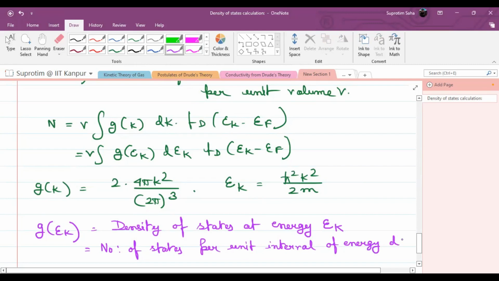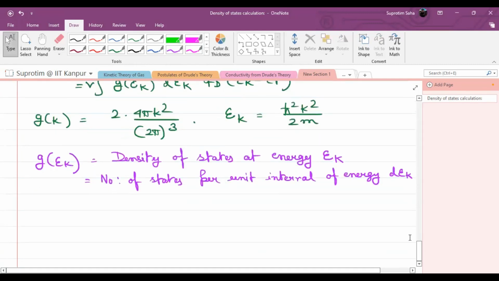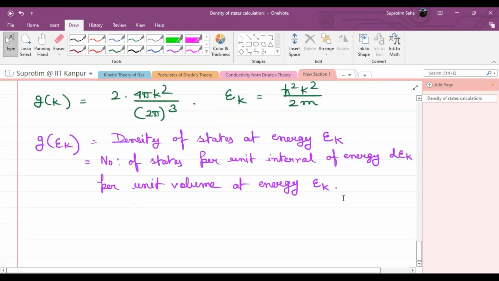Let me remind you of the sphere, the spherical shell: number of states per unit interval of energy d epsilon k per unit volume at energy epsilon k.